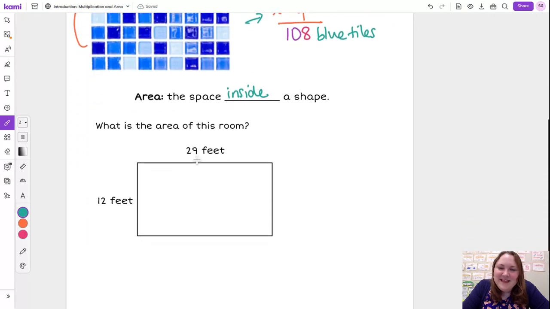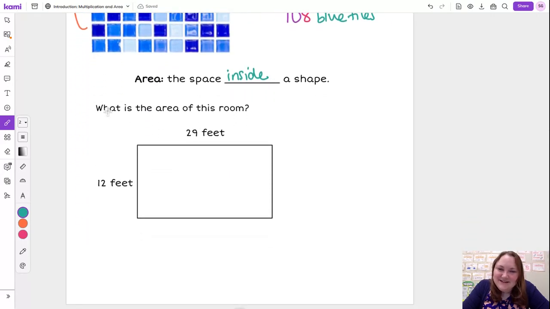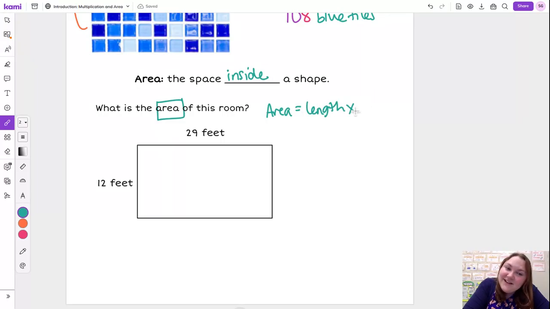We see that multiplication with questions like these down here at the bottom. The question is, what is the area of this room? To find the area, I would use multiplication, and I would want to multiply the length, one side of the rectangle, by the width.